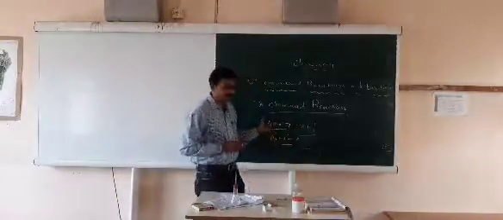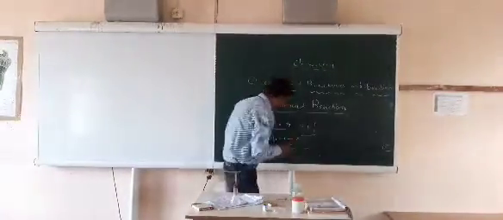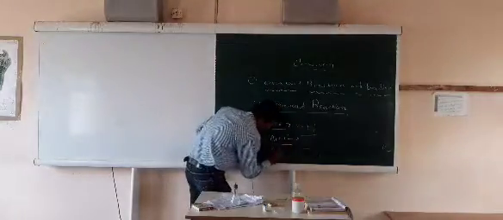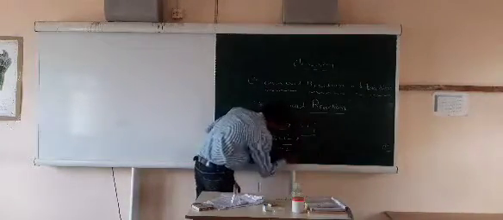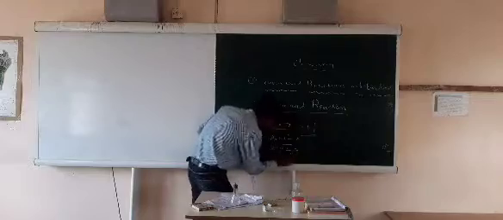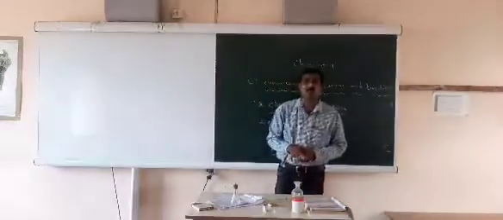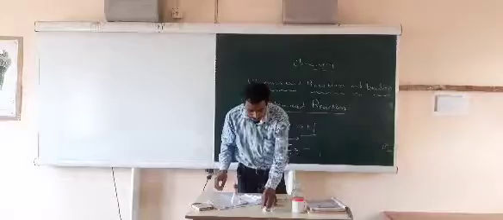We are going to see the activity now. The materials required for this activity can be called apparatus. So in short, apparatus means the material requirements of this activity. I will show them.